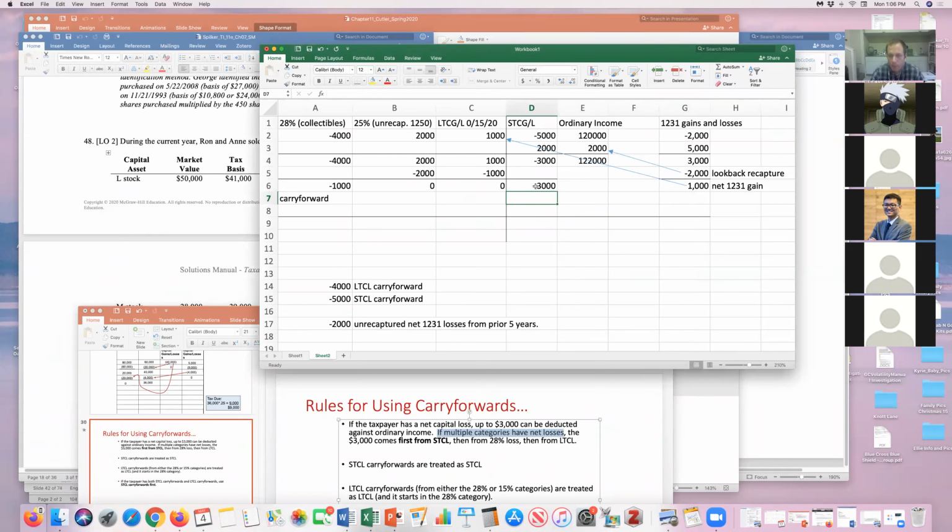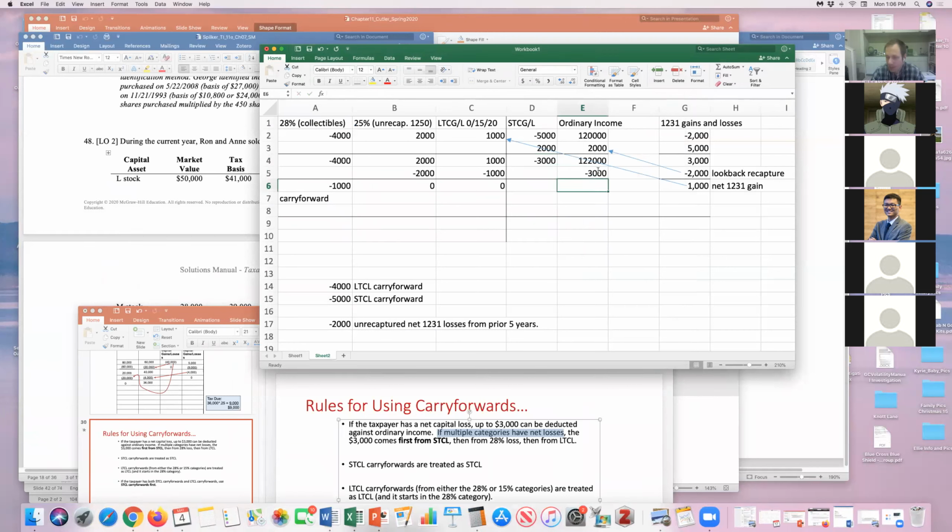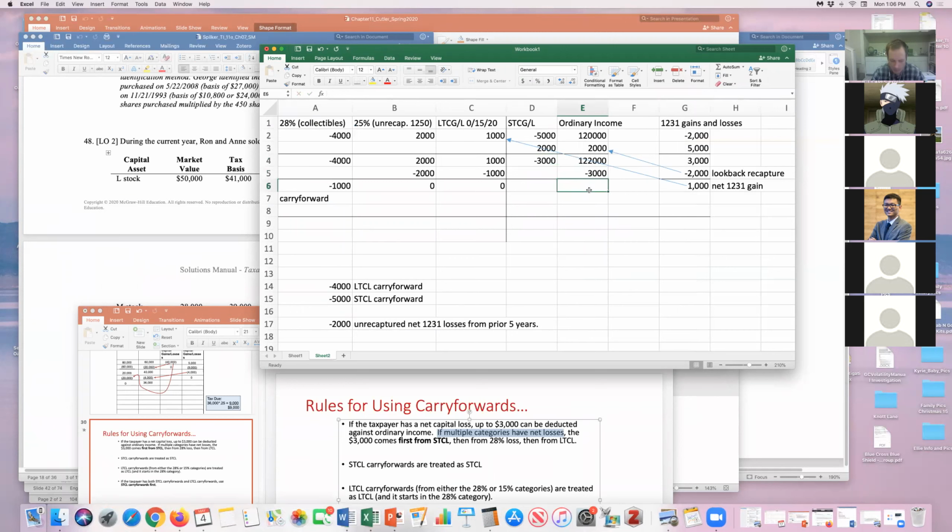So this 3,000 that I have here, I can offset up to 3,000 against ordinary income, bringing me down to 119.